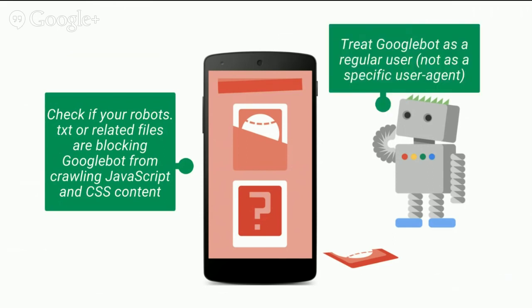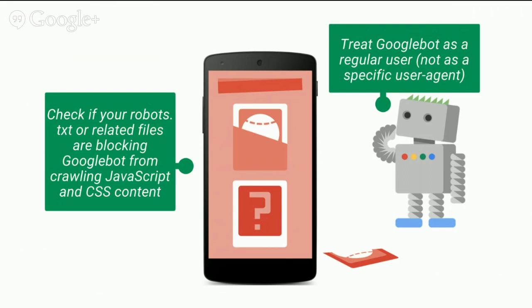The general piece of advice and guidance is that you should treat Googlebot as a regular user. You should make sure that Googlebot can crawl your page if it's required for a user to experience it, and that you shouldn't be showing content to Googlebot that is different from what your user sees.